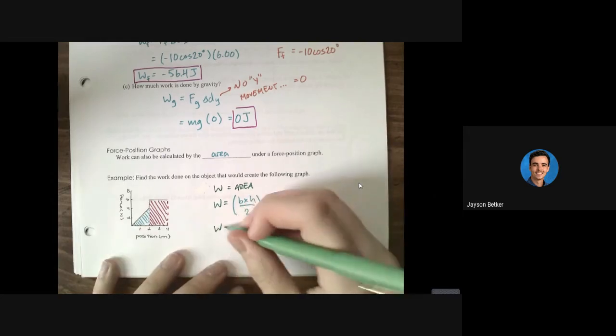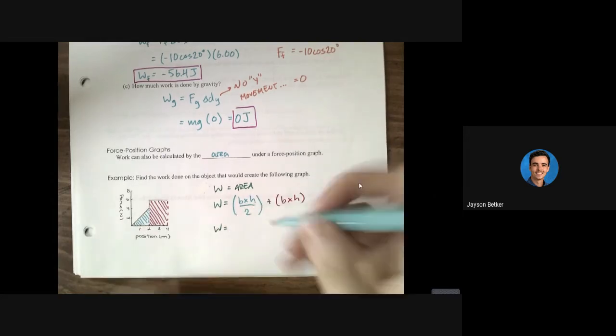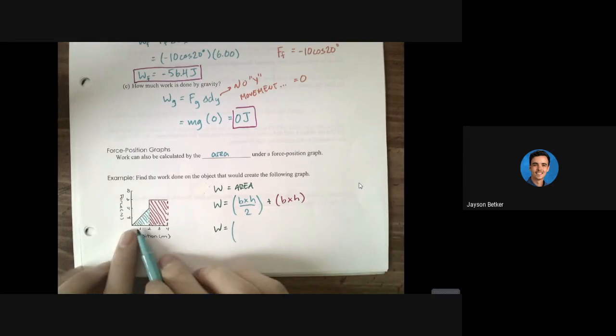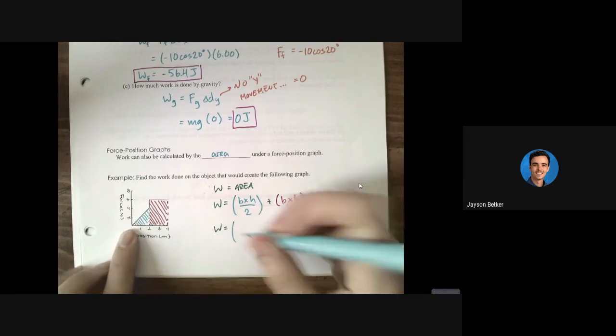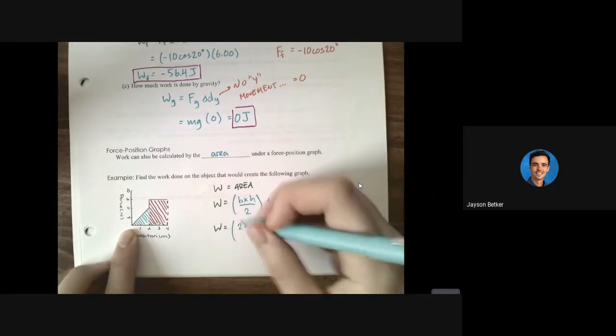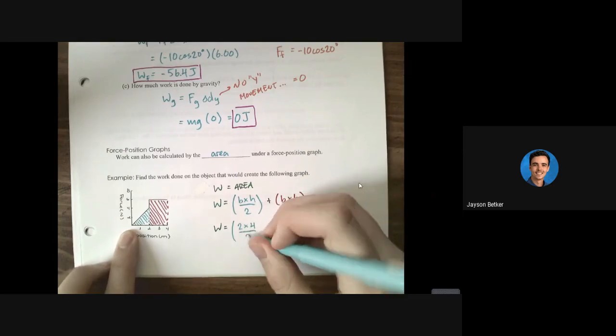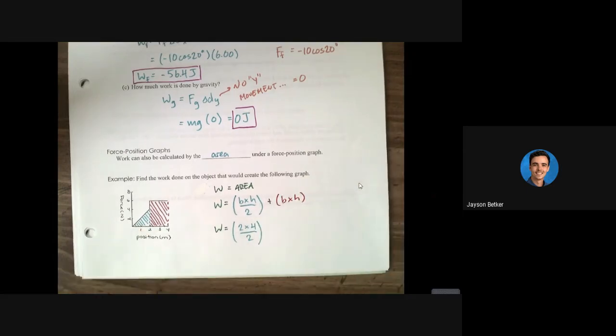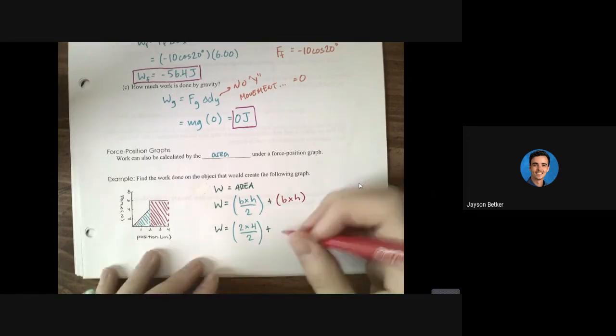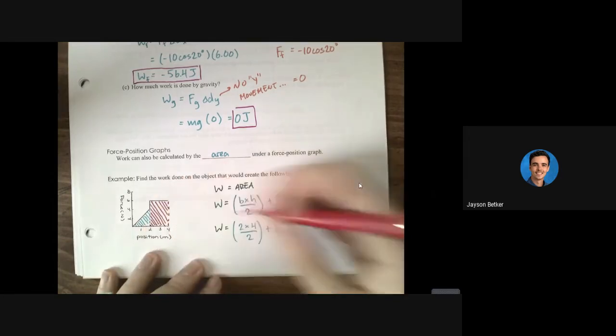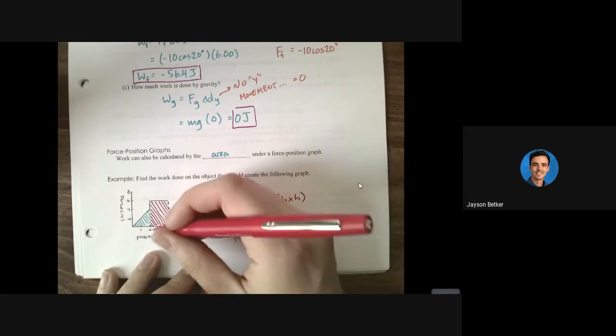So work is equal to, let's take a look at what the base and the height are here. The base is 2. The height is 4 divided by 2. And the base here is another 2, right? 2 to 4.